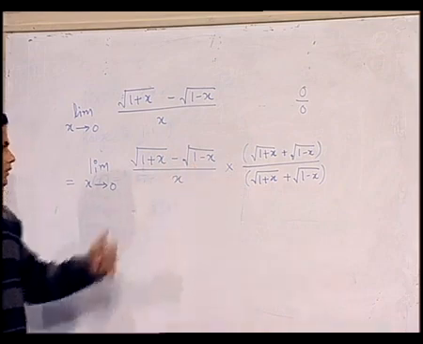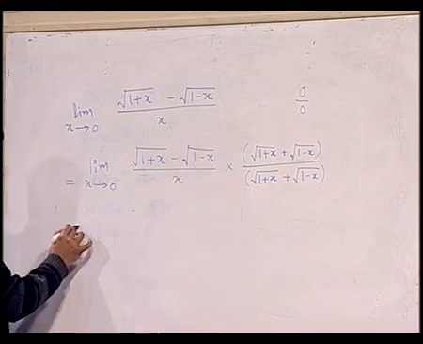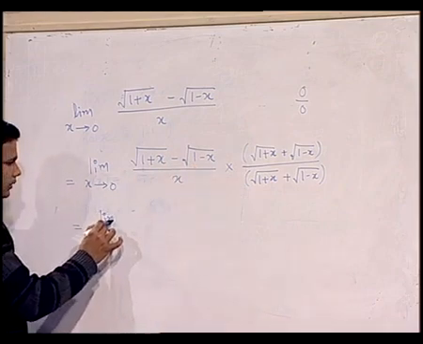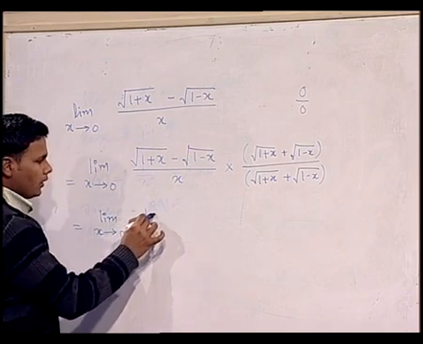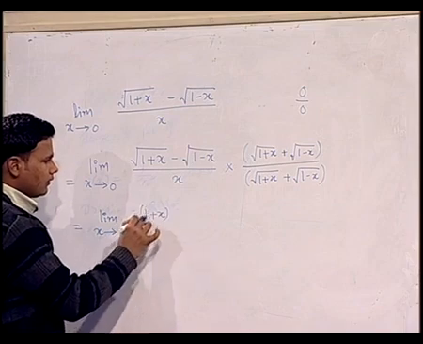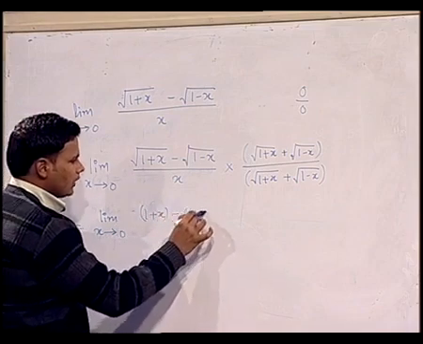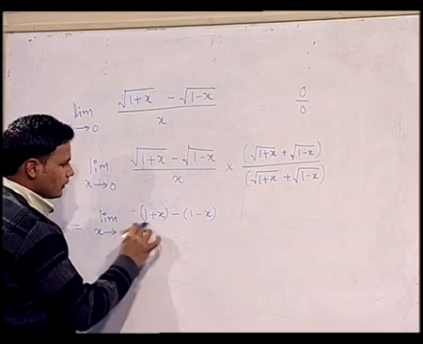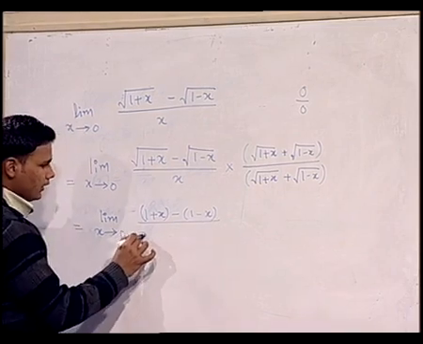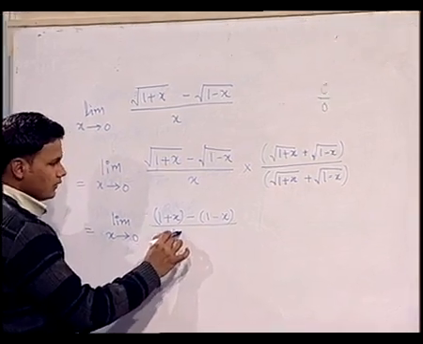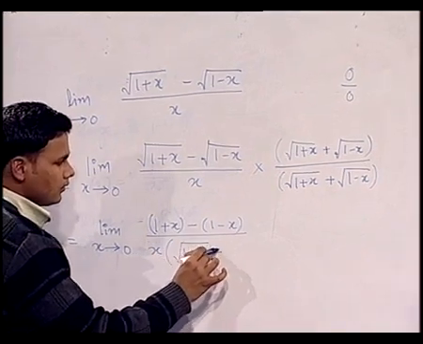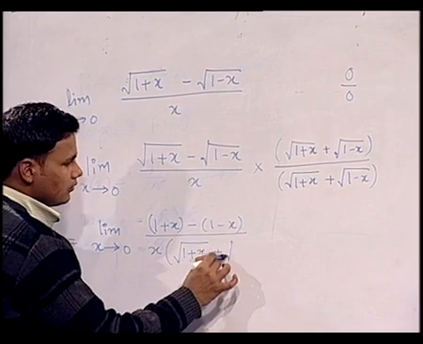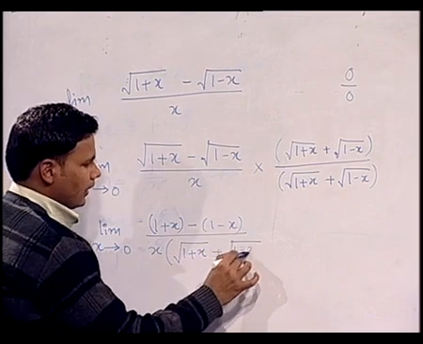So we can apply that formula and we get here limit x tends to 0, (1 plus x minus 1 plus x) upon x times (square root of 1 plus x plus square root of 1 minus x).